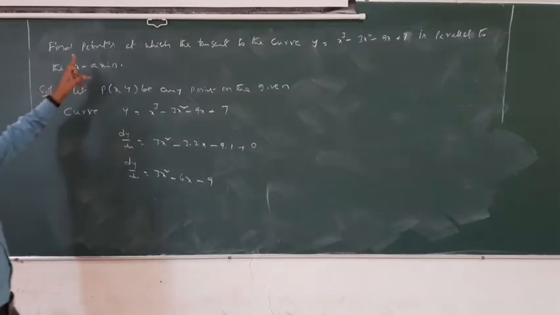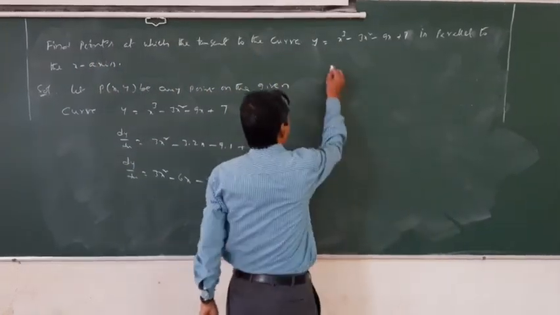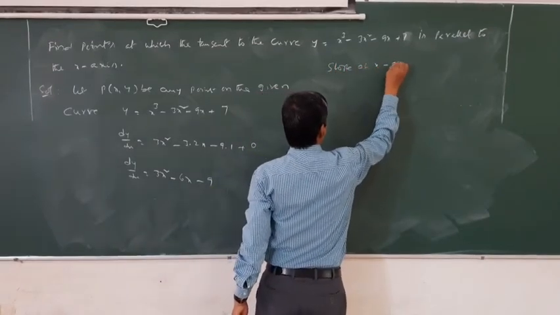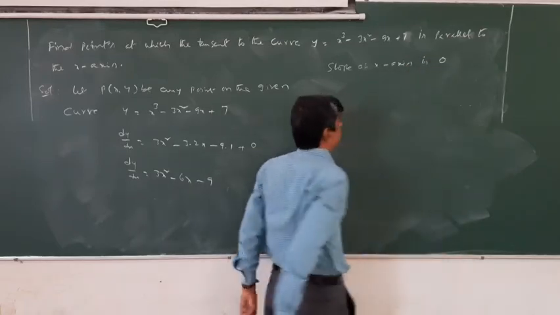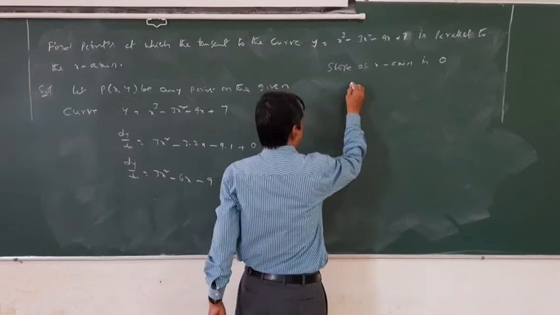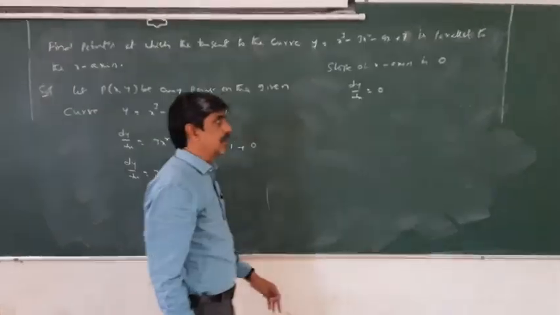So the tangents are parallel to the x-axis. The slope of the x-axis is 0. So dy by dx is equal to 0.